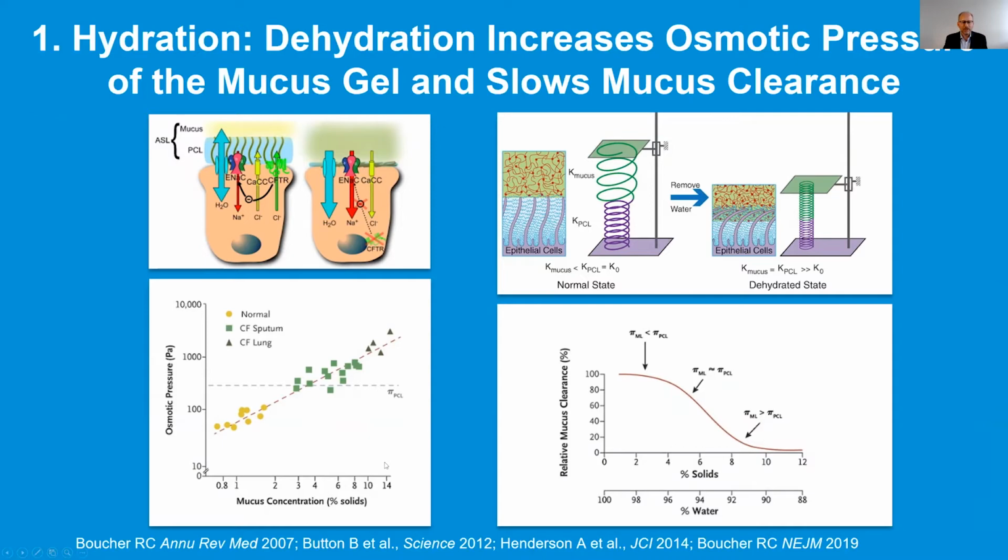And what's been shown mainly by the UNC group over the past decade is that this airway surface dehydration also results in a dehydration or hyperconcentration of the mucus gel layer, and that this then also results in an increased osmotic pressure, and that this increased osmotic pressure of the gel layer from a point where it exceeds the osmotic pressure of the periciliary layer can then cause osmotic compression of the system that's above a critical threshold of about 6% solids and 94% water, then causes a progressive slowing and impairment of mucociliary transport.